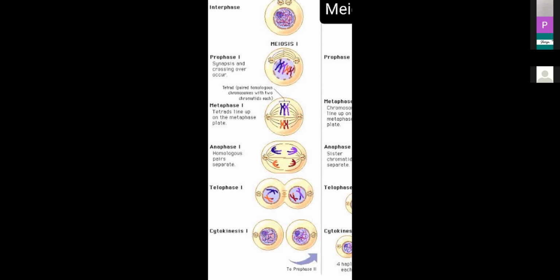Gallav, wrong. Yeah, interphase. What is the name of this short-lived interphase between two meiotic divisions?